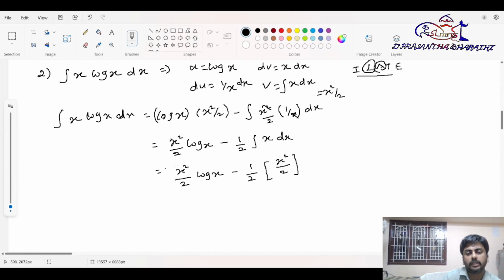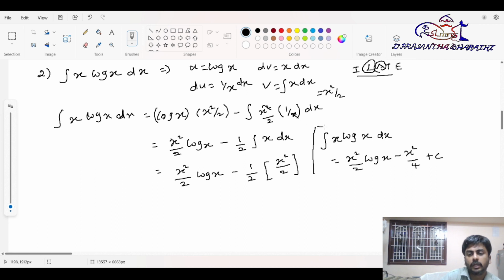So the formula is integral x log x dx equal to x square by 2 into log x minus x square by 4 plus c. This is the integration formula.